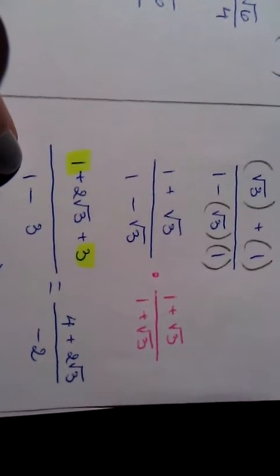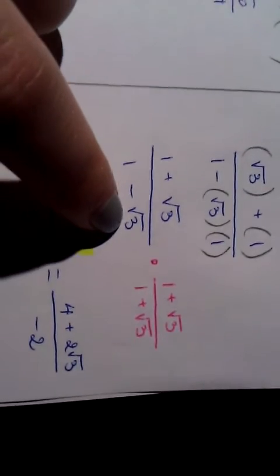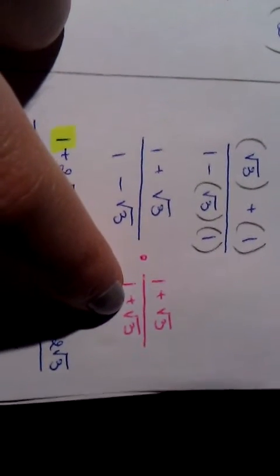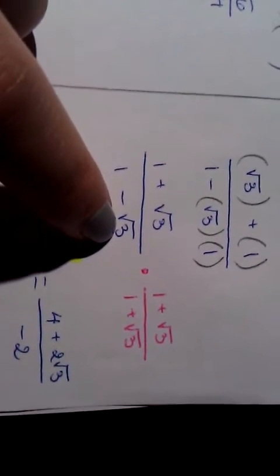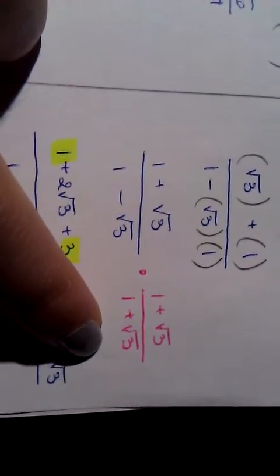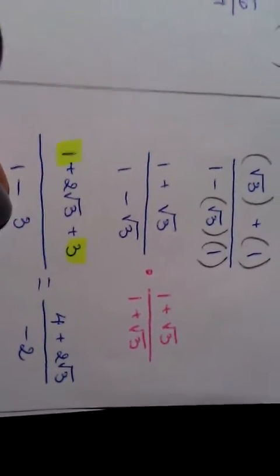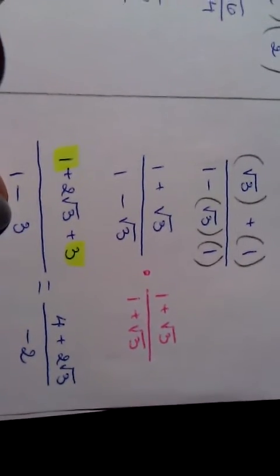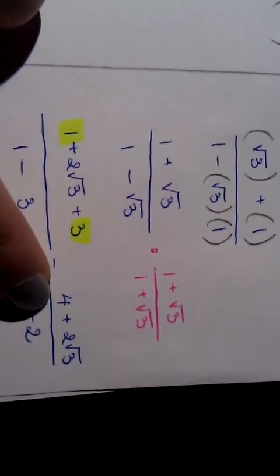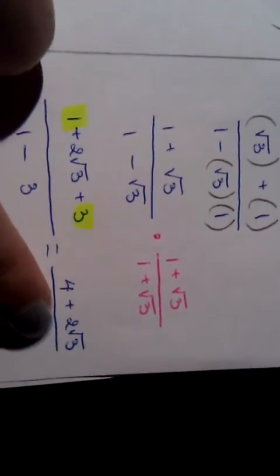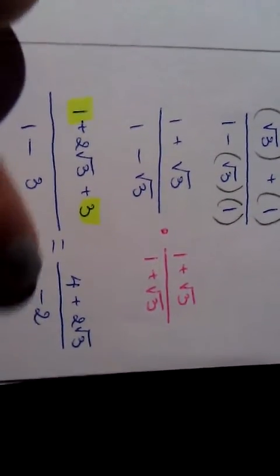For the denominator, I get 1 minus 3, because negative radical 3 times positive radical 3 gives a negative answer, and radical 3 times radical 3 gives radical 9, which simplifies to 3. We combine like terms to get 4 plus 2 radical 3, and the denominator simplifies into negative 2.